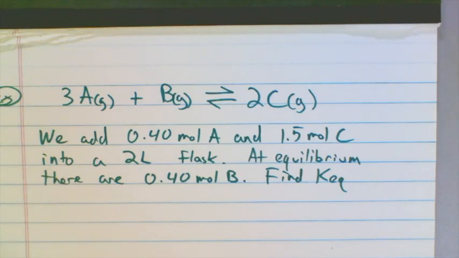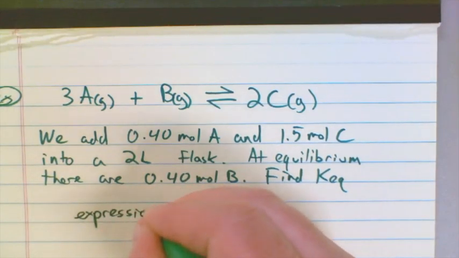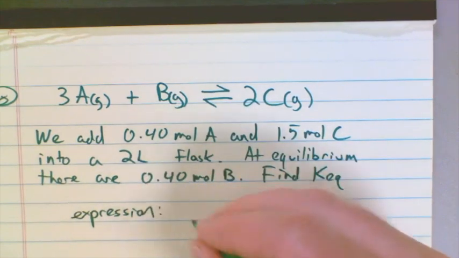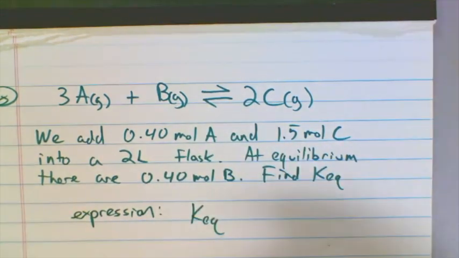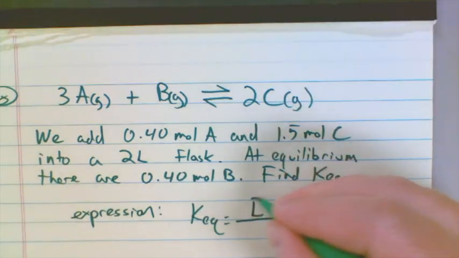When you guys get done writing it down, I see some of you are already doing this. The first thing you're supposed to do is write the equilibrium expression. I saw some of you guys already doing it, so that's nice to see. I'm just going to write that down here.